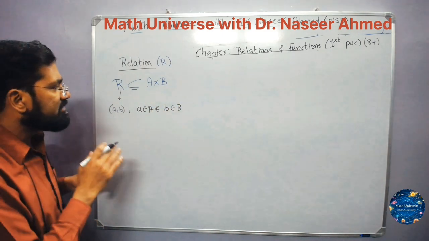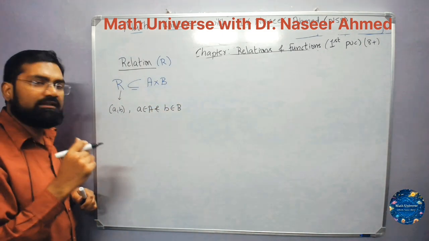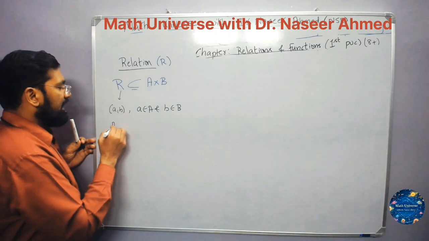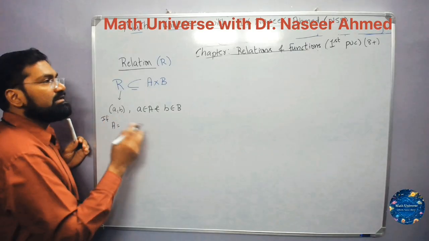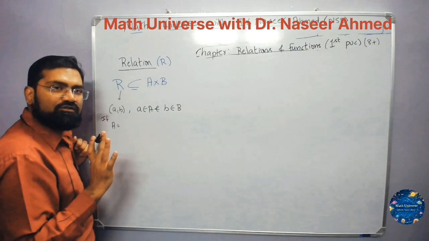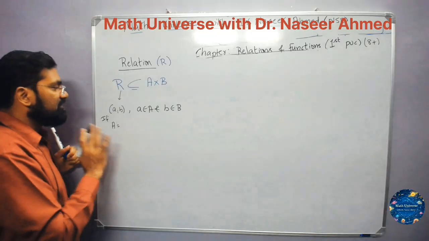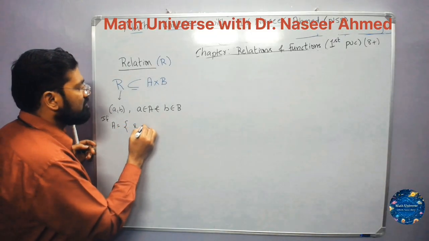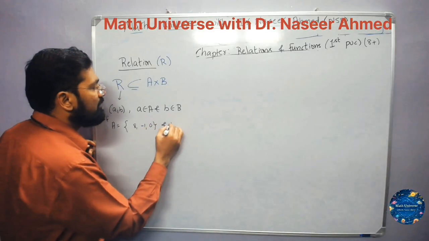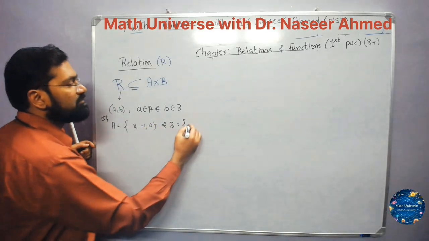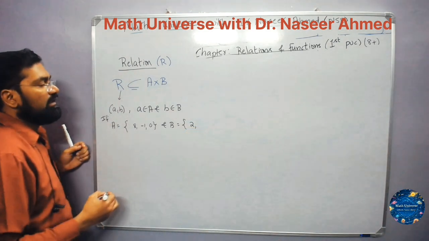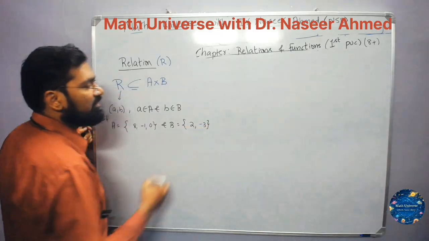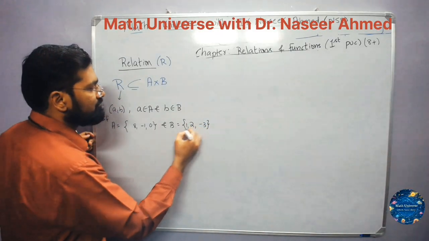Now, having understood this, let's take one small example to understand the concept still better. I would like to simultaneously give the understanding on functions also, that you have a difference between relations and functions. So first, let A be the set {-1, 0, 2}, and B, let us suppose {-3, 1}.